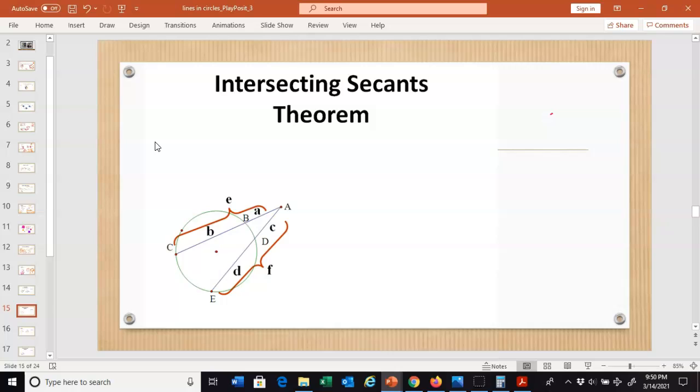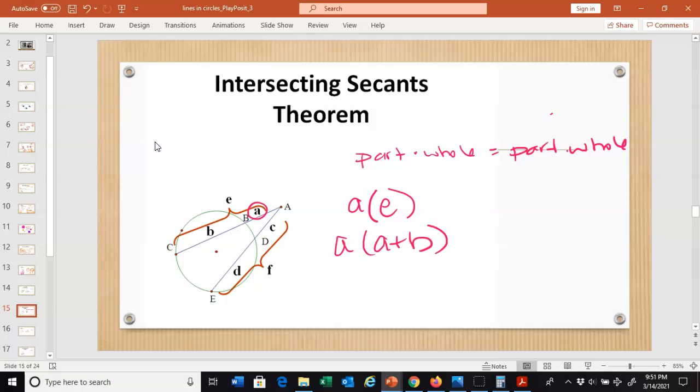Here's our intersecting secants theorem. And I kind of think of this one as like part times the whole equals part times the whole. And I'll show you what I mean by that. So if we looked at this example, the piece would be A, that's the part. So A times the whole thing. Now we can call this whole thing E if you want. You can also call it A plus B. You see how they're the same thing labeled here?